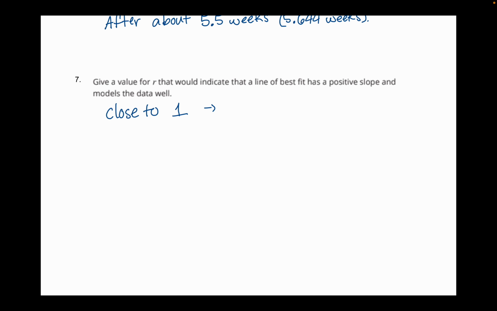And so I might say that is somewhere between 0.8 and 1. If it was less than that, I wouldn't say it is a good fit necessarily.